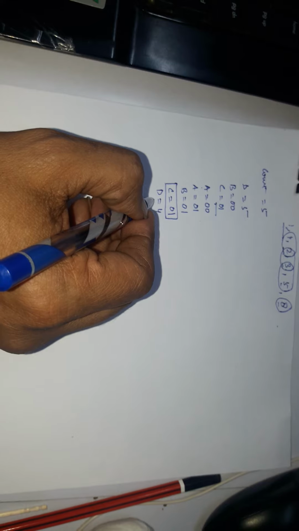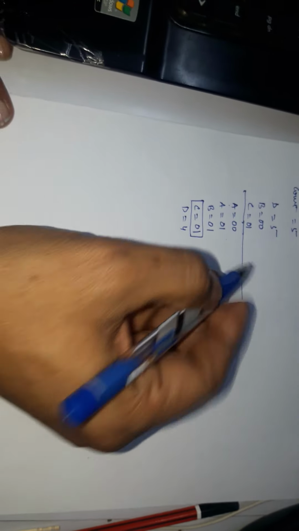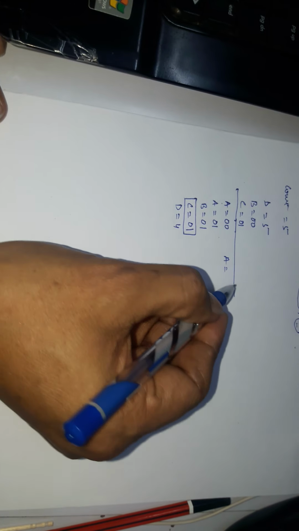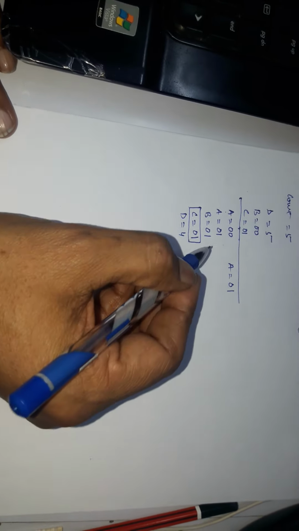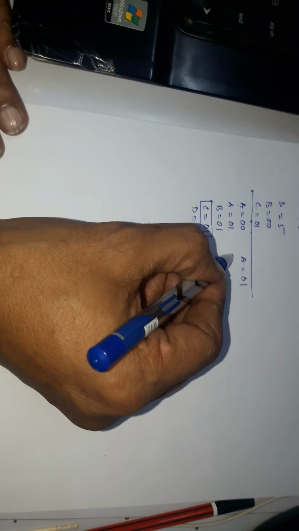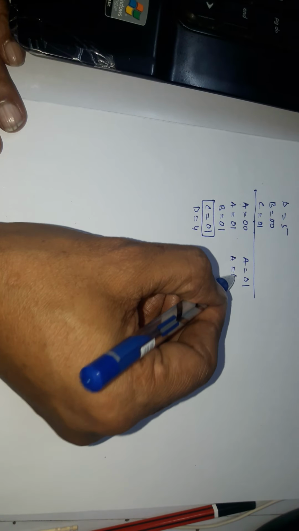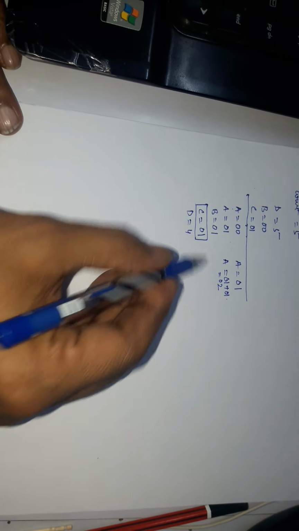back to the MOV A, B. Whenever MOV A, B comes, A will become the value of B, so it will become 01, and then we are adding C. What is C? C is 01, so A will become 01 plus 01, which is equal to 02.